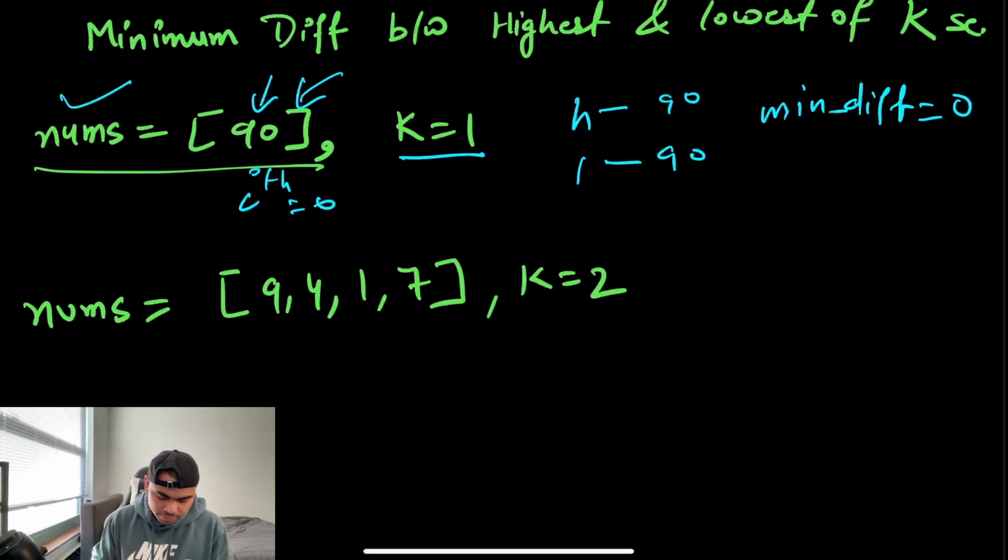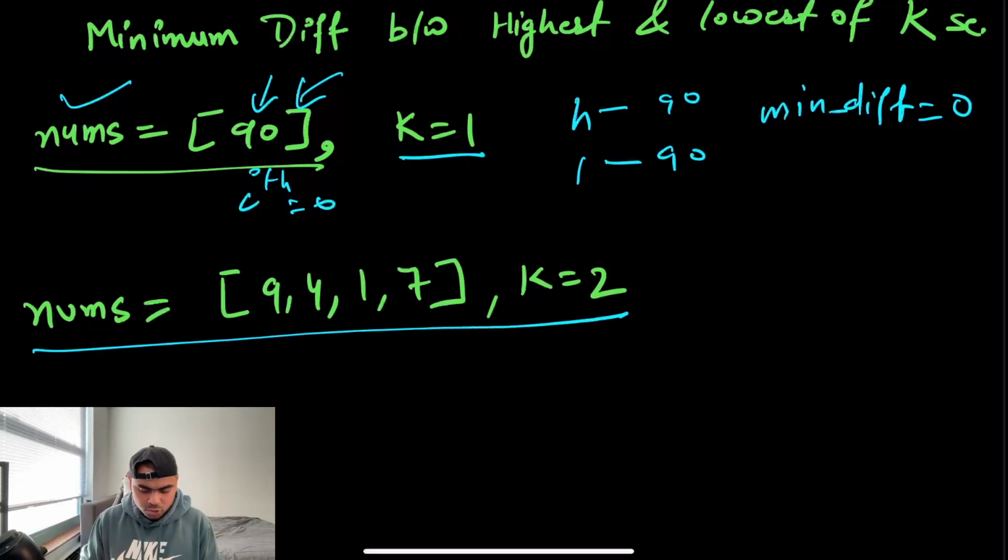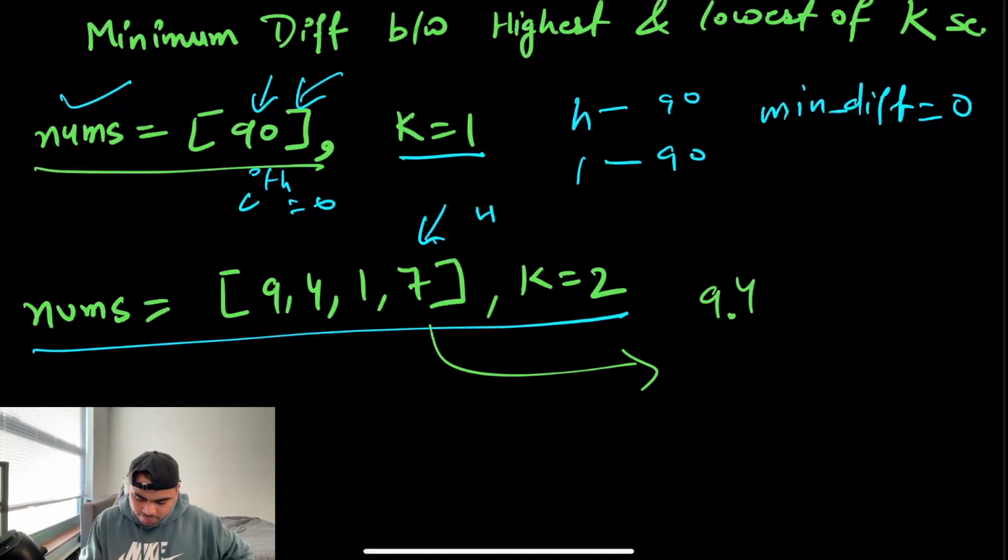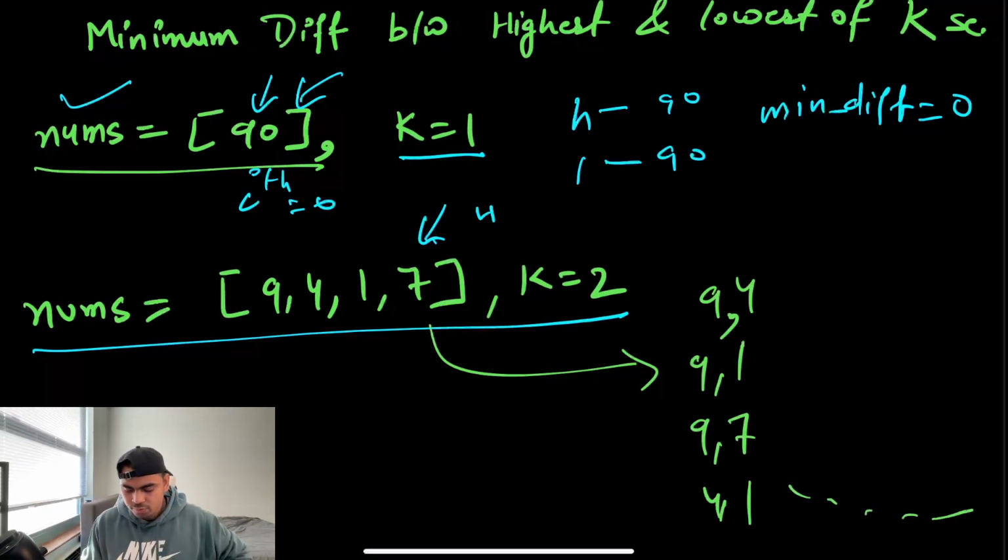How about example 2? Here k is 2 and the length of nums is 4. Now you can select different k students from here. So let's say we can make combinations of 9 and 4, 9 and 1, 9 and 7, 4 and 1, and so on.